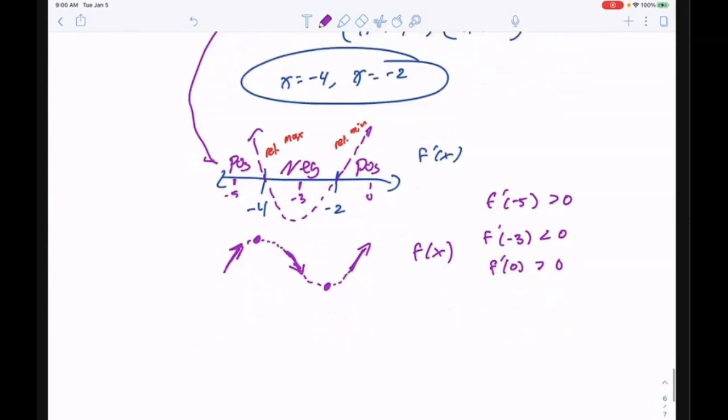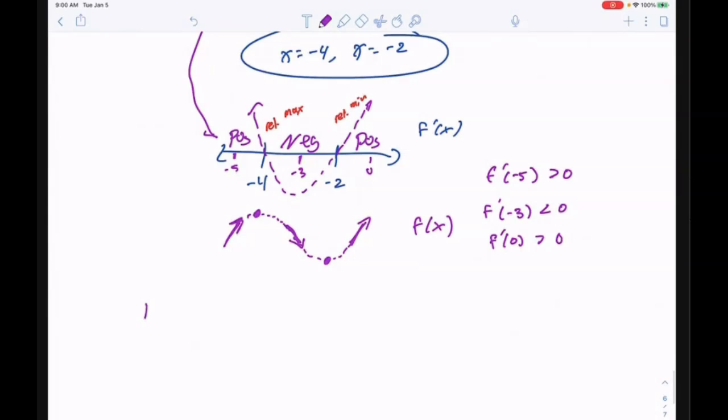To answer these questions real quick, we got 1 minute. The function is increasing when? When is the derivative positive?